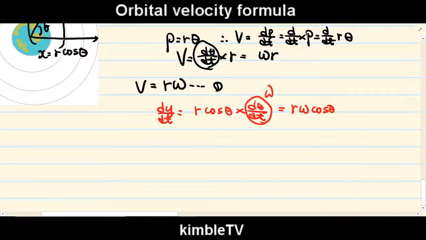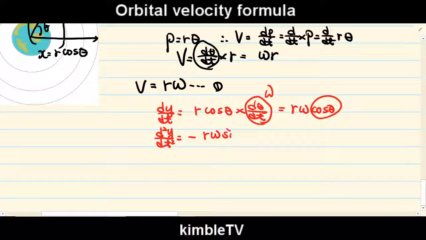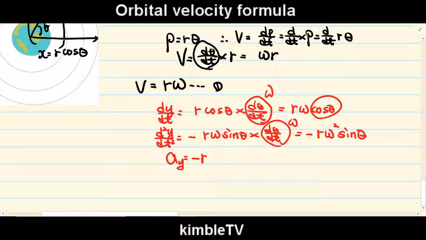And find its vertical acceleration, d2y on dt2 equals minus r omega sin theta times, by the chain rule, d theta on dt. This is omega. Therefore, minus r omega squared sine theta. This is the vertical acceleration.